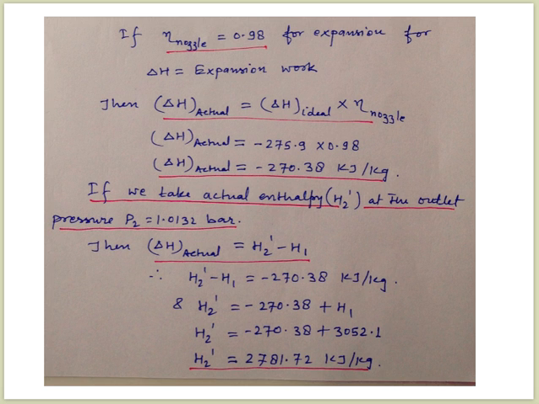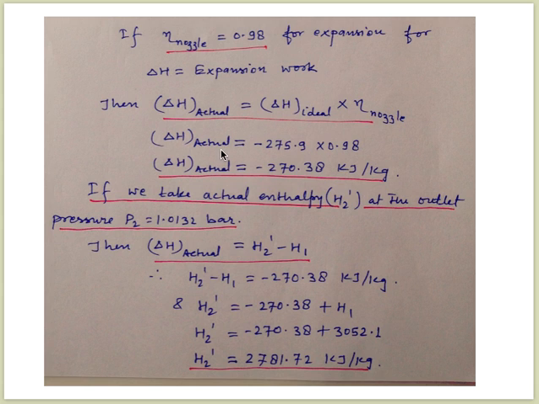So if we consider that the nozzle, or orifice of a control valve, has an efficiency of 98%, we put 0.98 for expansion work. So we know what the actual work across the control valve orifice will be. Delta H actual equals delta H ideal multiplied by efficiency, because the actual work will be less than the ideal work.